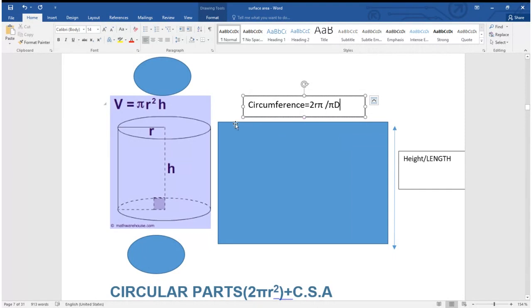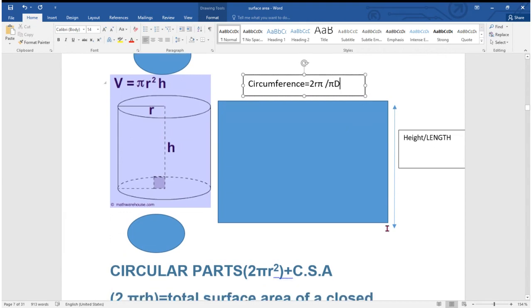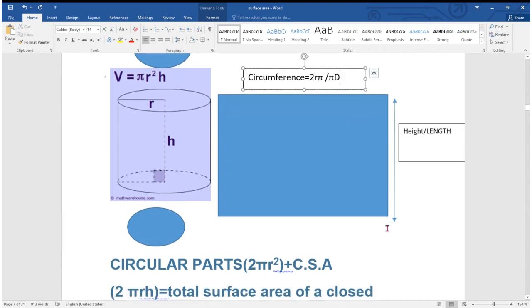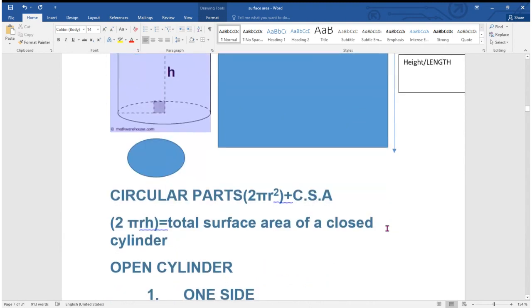Just length times width. This distance from here to here, which is the length, is the circumference, which is found by 2 pi r. And you just multiply by the height or by the length, depending on whether it is standing straight, or it is lying flat.